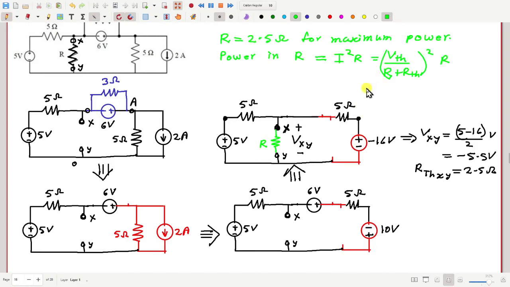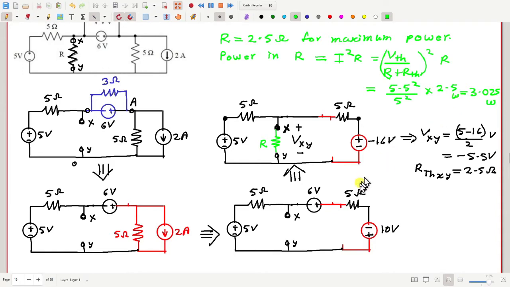Okay, so now if you put the values, V Thevenin is 5.5, so 5.5 squared, over 5 squared, times 2.5. Okay, so how much will that be? Can you see? 3.025. This is in watt.